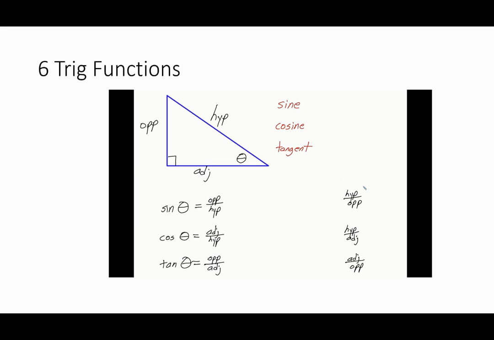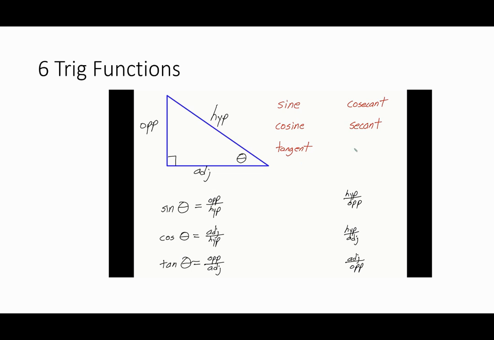The names that we give these other combinations are secant, cosecant. So just like we had sine and cosine, we have secant and cosecant.